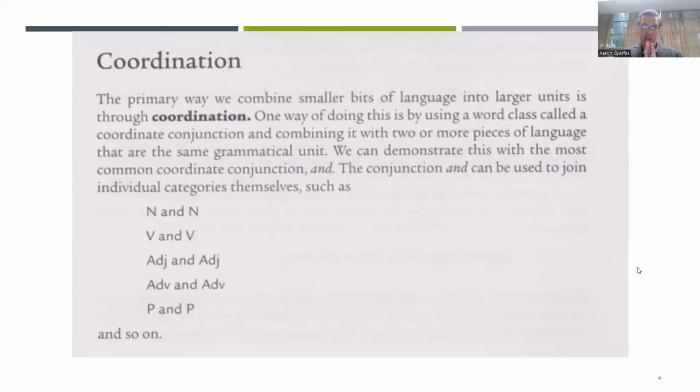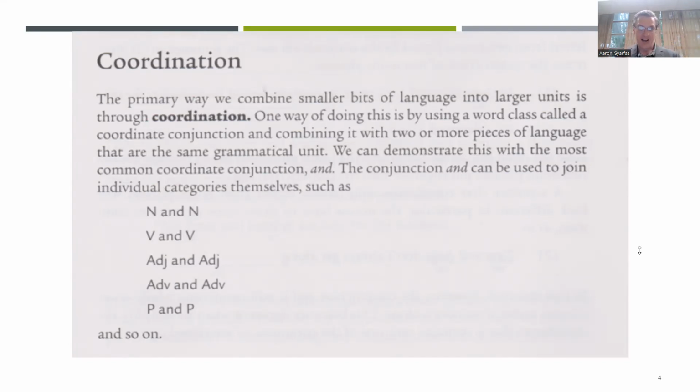So coordination, what does that word mean? We are combining smaller bits of language or smaller chunks of language into larger units. And we use these conjunctions to join those smaller bits.